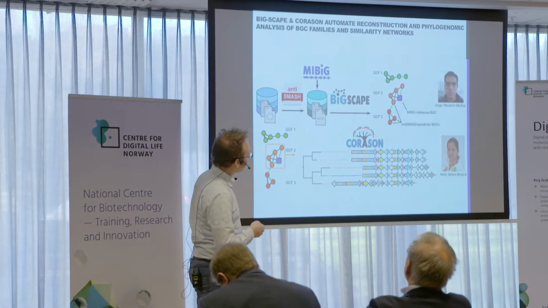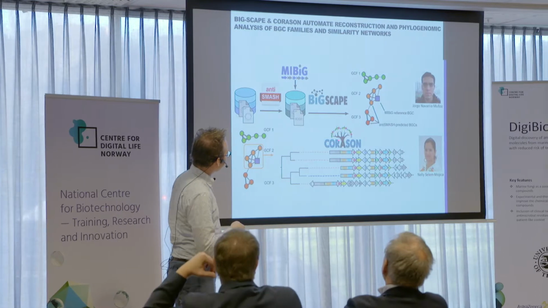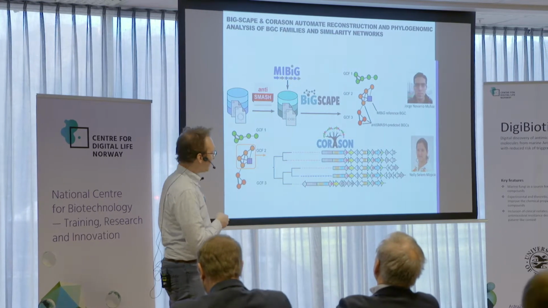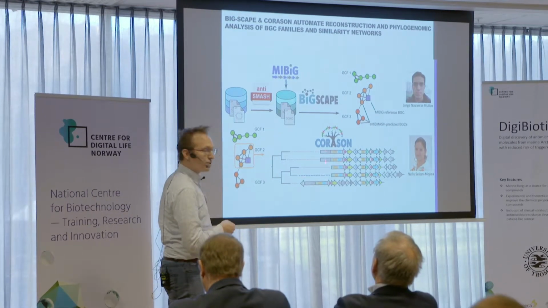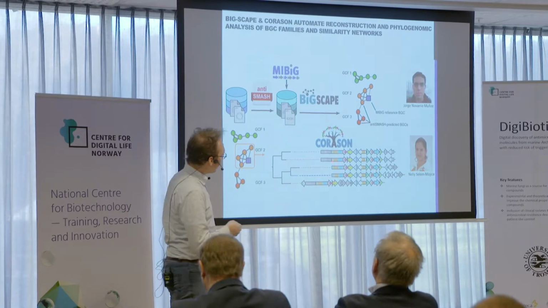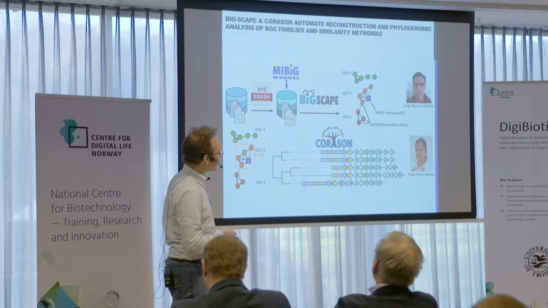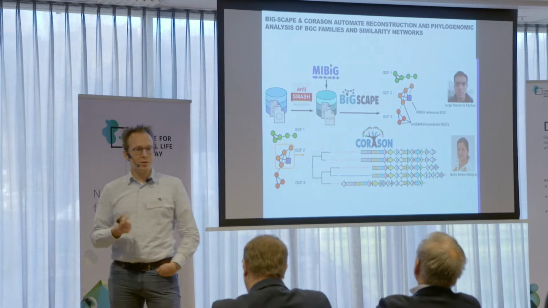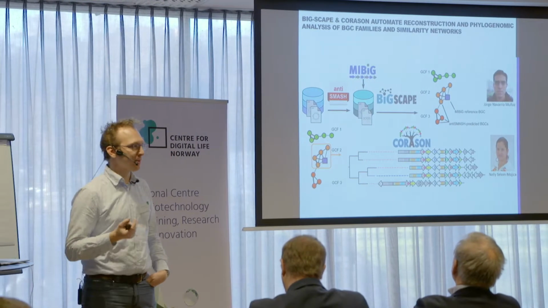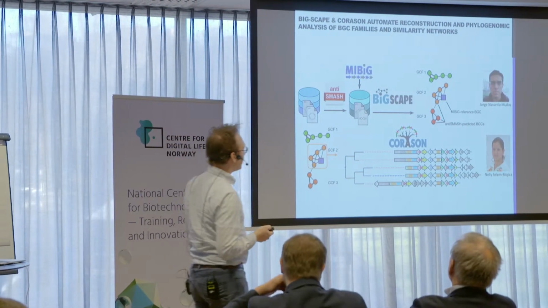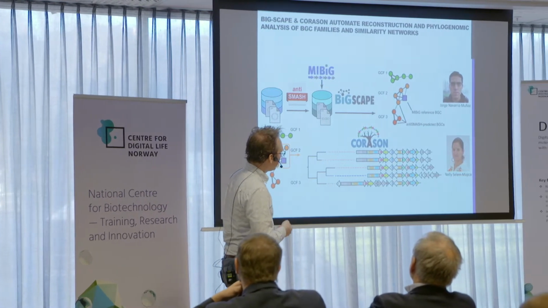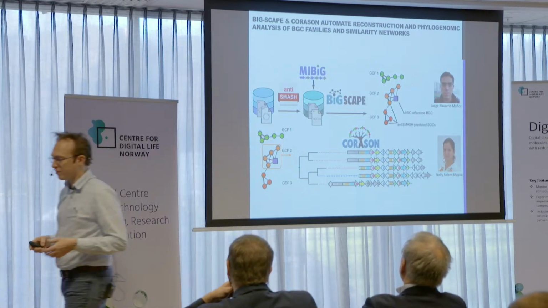Subsequently, CORASON can take, for example, a gene cluster family of interest and reconstruct a multi-locus phylogeny of all the members within that family, so that you can see how all those gene clusters are evolutionarily related to each other, to look at their diversity at a higher resolution.